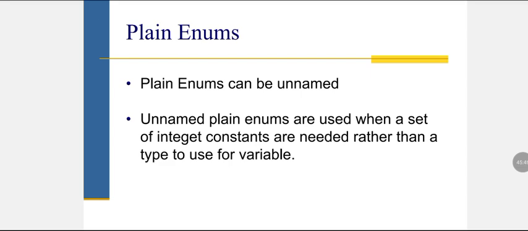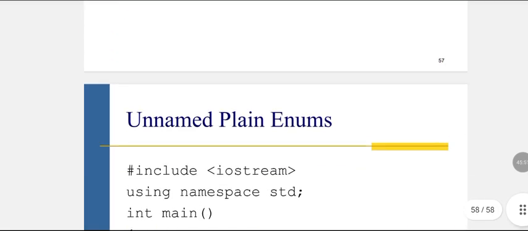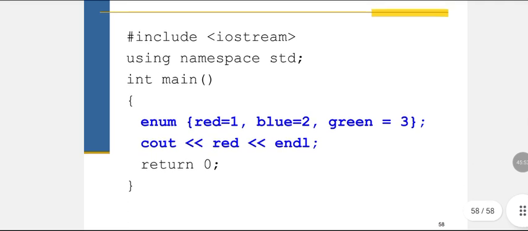Now we move on to the unnamed plain enumeration. You can see an example over here. Inside our function int main, we have the enumerators: red equals 1, blue equals 2, green equals 3.